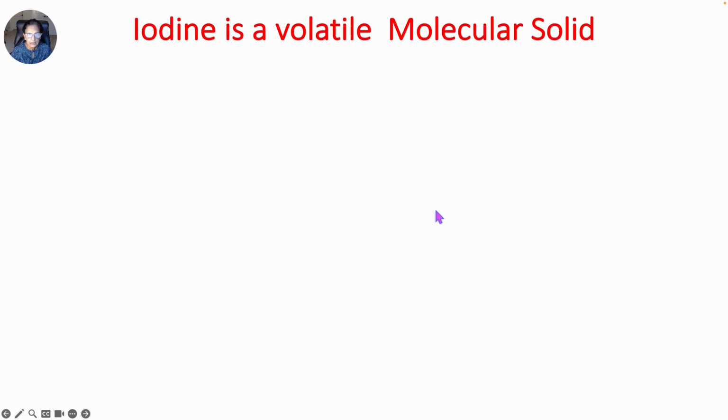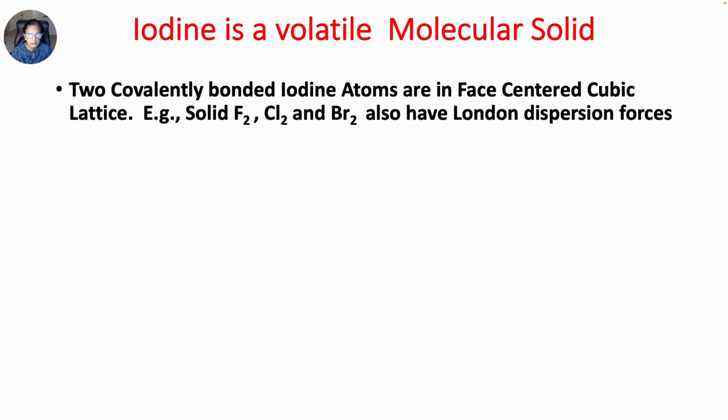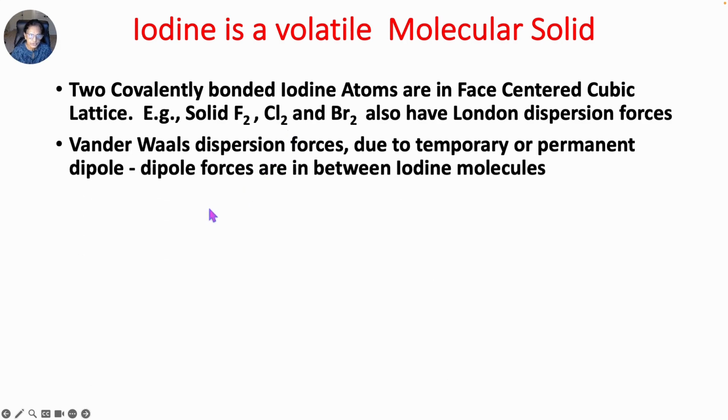Now let's see another example of a molecular solid, that is iodine, which is a volatile molecular solid. Here, two covalently bonded iodine atoms are in a face-centered cubic lattice, just like sodium chloride. Example, solid F2 and Cl2 and Br2 also have London dispersion forces. What are these London dispersion forces? Van der Waals forces are dispersion forces due to temporary or permanent dipole-dipole forces.